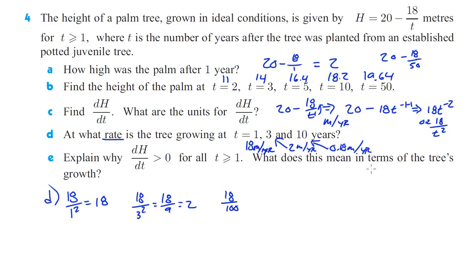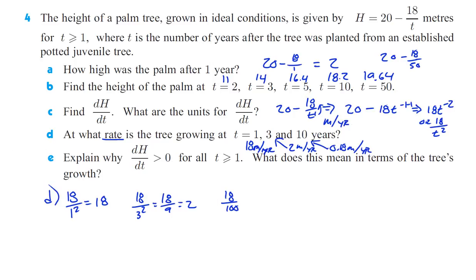So what does this mean in terms of the tree's growth? That means that it's always growing. Okay, and we also know that when you take any number, especially a positive number here, and you square it, you're going to end up with a positive number. So this number here is always going to have to be greater than 0, because it's a positive divided by a positive, which will always give us some number greater than 0. It'll never give us a negative.